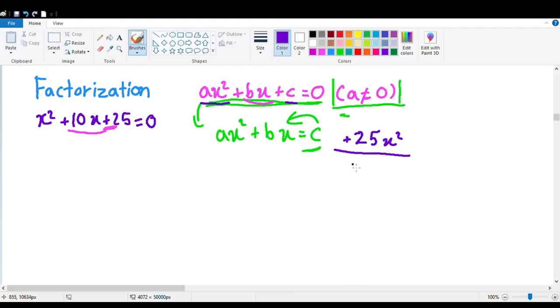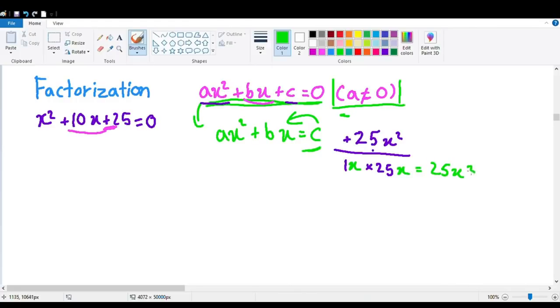I hope that makes sense. So it's going to be 1 multiplied by 25. And since we have x squared here, we're going to add x to both of these, so it would make up x squared. I'm going to write x in another color so it doesn't confuse you. So x, and there's also an x over here. When you multiply this, it would be 25x squared.